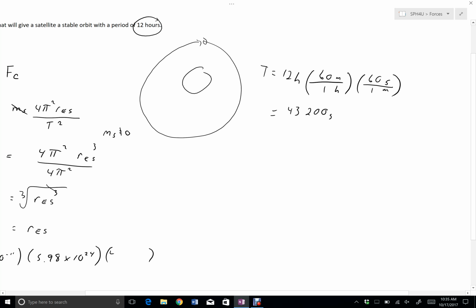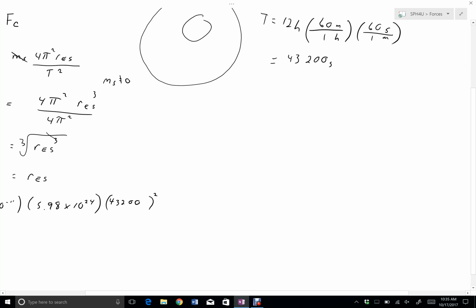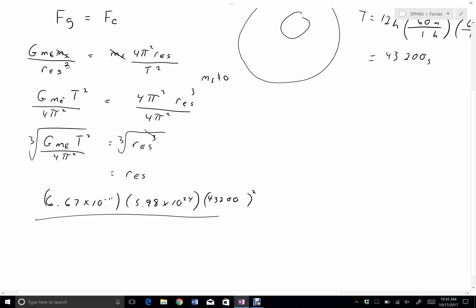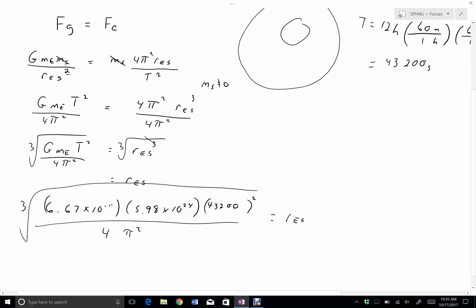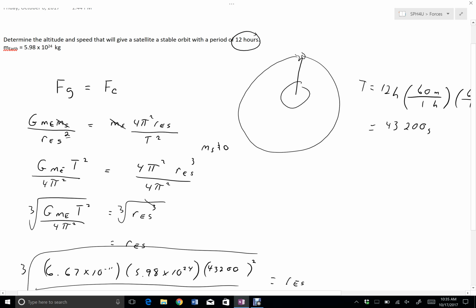So put that in here, 43200 squared divided by 4 times pi squared. And then I have to cube root all that, and that will give me my radius from the Earth to the satellite, or this distance right here.